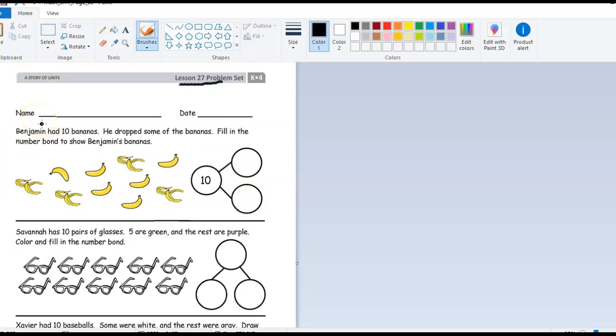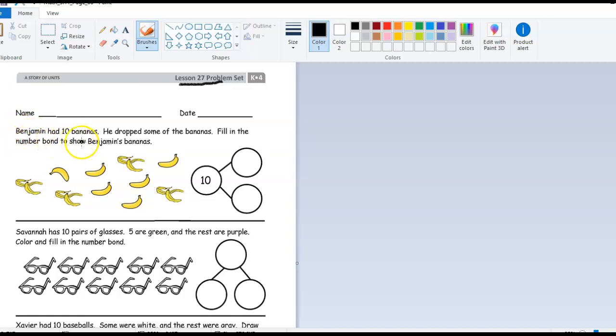Go. 10, 9, 8, 7, 6, 5, 4, 3, 2, 1. Awesome job writing your name so neatly. Today on lesson 27, we are going to break apart our pictures or our drawings using the number 10 as our whole. So I'll read the directions for the first problem.